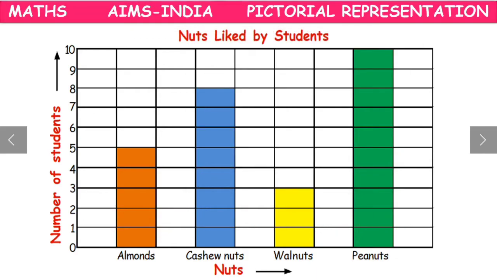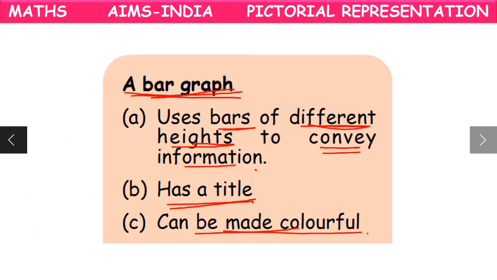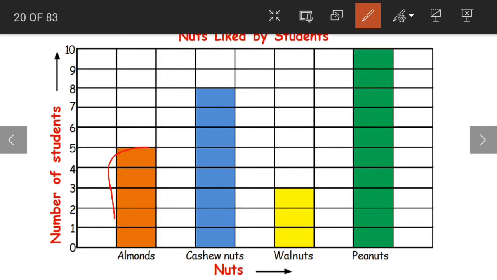And next, what are they saying? That each bar conveys the number of students who like a particular nut. Yes, so what does this bar tell us? What does this bar mean? It means the number of students who like a particular nut. For example, this orange bar says that 5 students, it is stopping at 5. So 5 students like which nut?